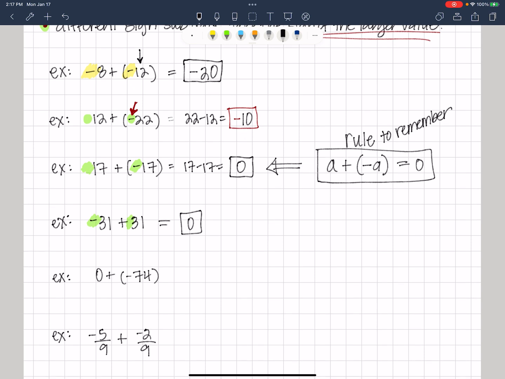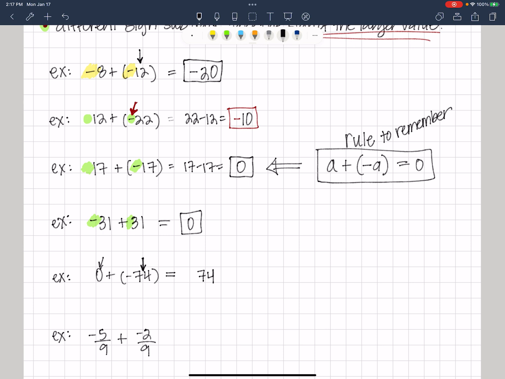Now, what happens if we take 0 and we add -74? Well, that's two different signs, subtract, 74 minus 0, and then we take the sign of the larger value. 74 minus 0 is 74. I keep saying the larger number, but I mean the larger value. 74 is definitely a larger value than 0. -74 is much smaller than 0, but 74 is a larger value.